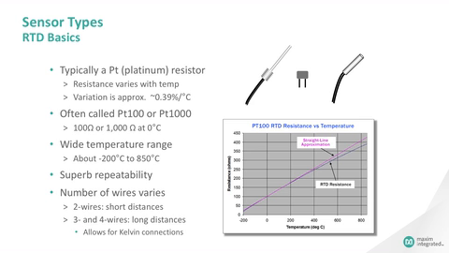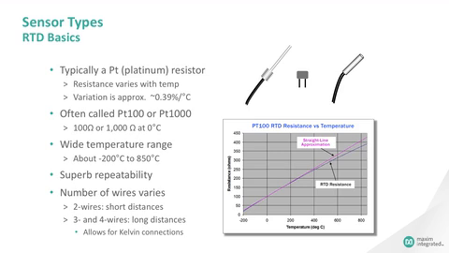An RTD is typically a platinum resistor. There are other metals that are used, such as nickel and copper, but platinum is by far the most common. The resistance varies by roughly 0.4% per degree centigrade with respect to the 0 degree resistance. They are often referred to by the standard names PT100 or PT1000.